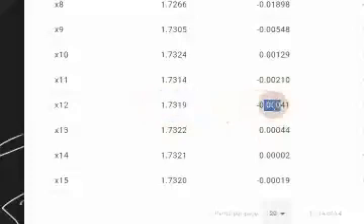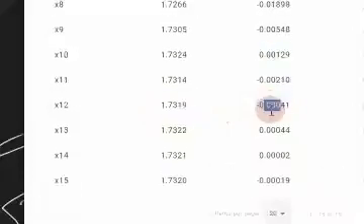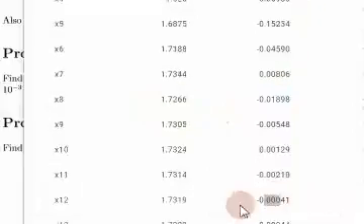If you want 10 to the minus 4, you need more iterations. Yes, this is 10 to the minus 3 accuracy.